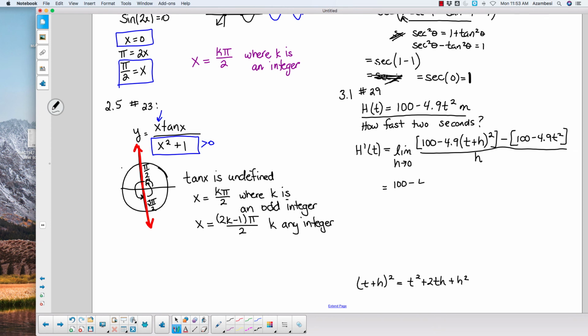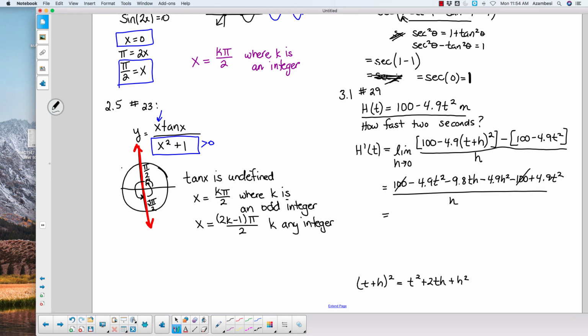So I have 4.9 t squared, and then minus 4.9 times 2 is 9.8 th, and then minus again 4.9 h squared minus 100 plus 4.9 t squared all over h.